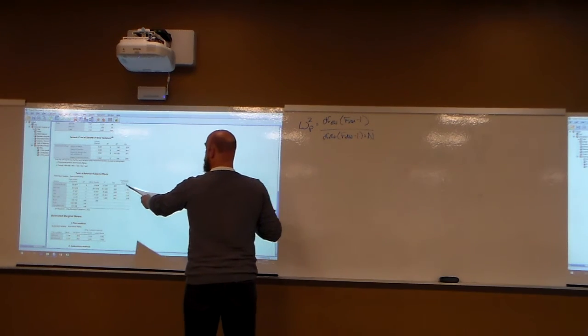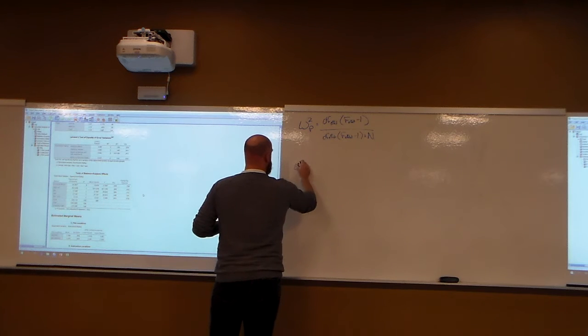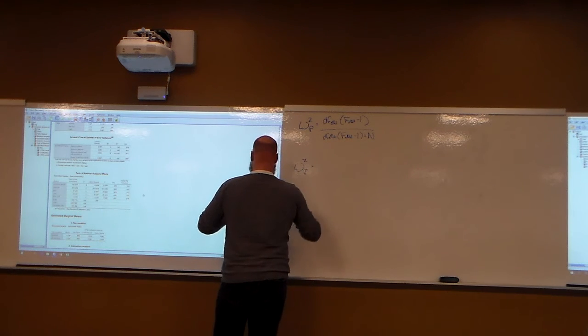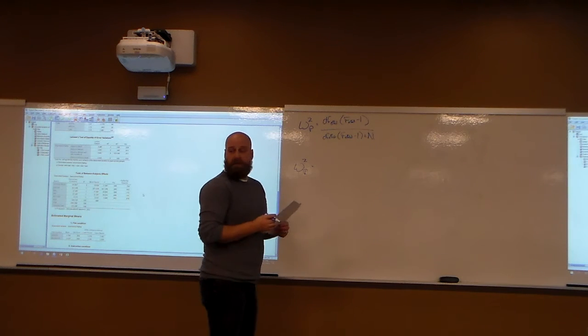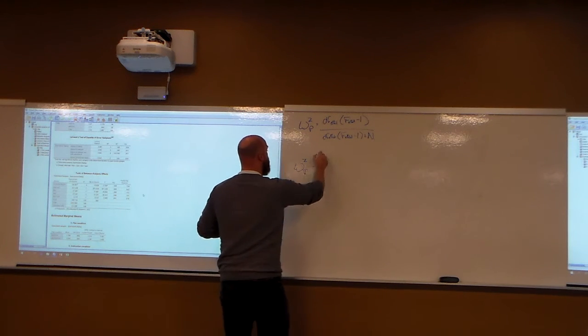So if we want to calculate partial omega squared for our effect of film, what's the degrees of freedom for my film effect? 1, right?